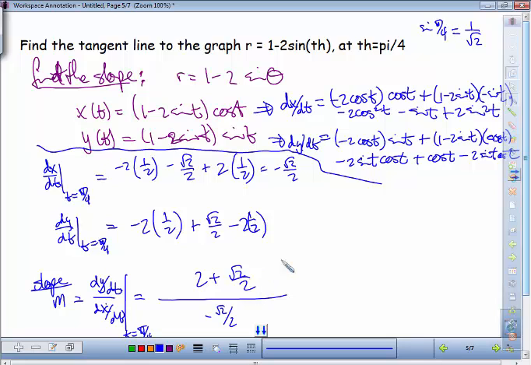Did I do that right? This too? Okay, anything else? So I suppose you could try to simplify this using algebra, but I'm fine with the way this looks.